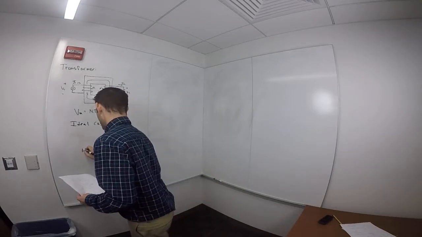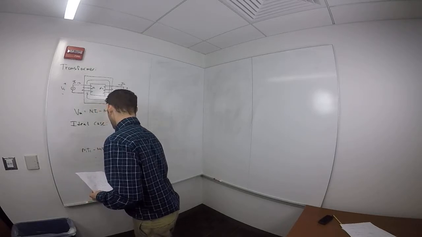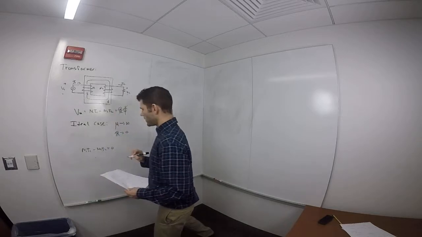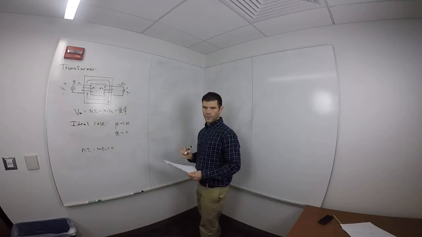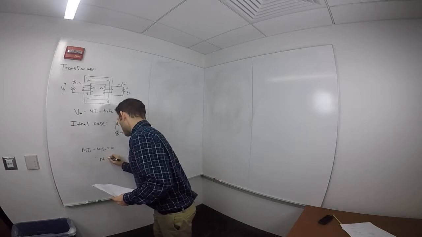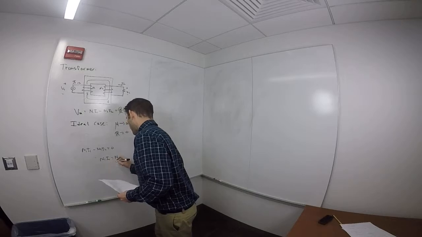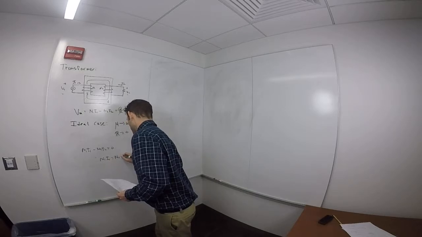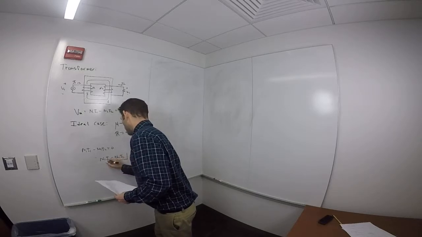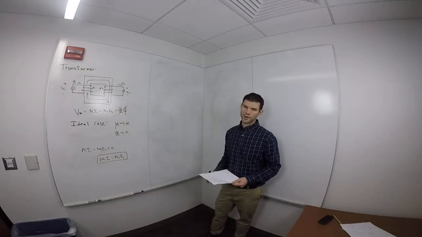So that means the MMF from winding 1 minus the MMF from winding 2 is equal to 0, okay? That's how we're going to get our first equation for the relationship of currents and turns in a transformer, and we'll get N1 I1 is equal to N2 I2. Okay, that's how we relate the currents in an ideal transformer.